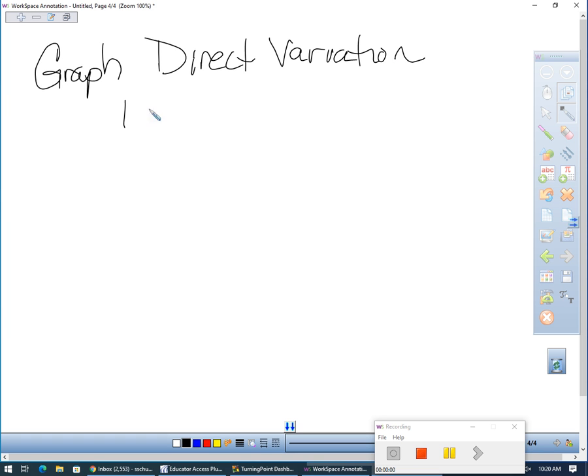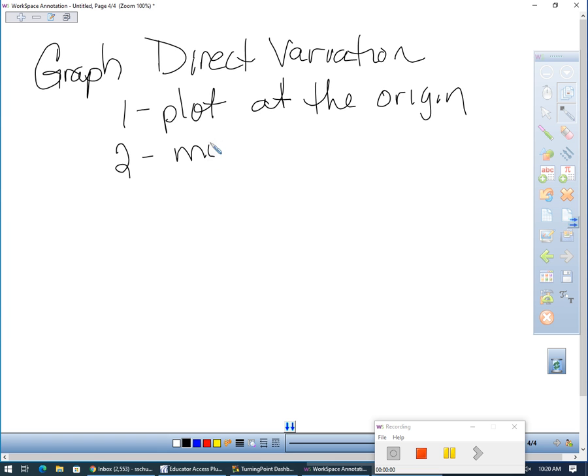First step is I want you to plot or put a dot at the origin. Step 2, I want you to move rise over run for your K.